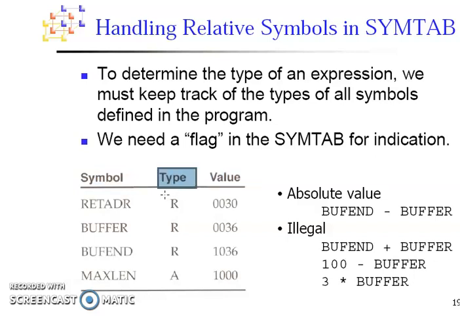A flag will be set to indicate the type, meaning whether it is relative or absolute. In this case, RETADR is relative and MAXLEN is absolute. So these are relative and absolute expressions.